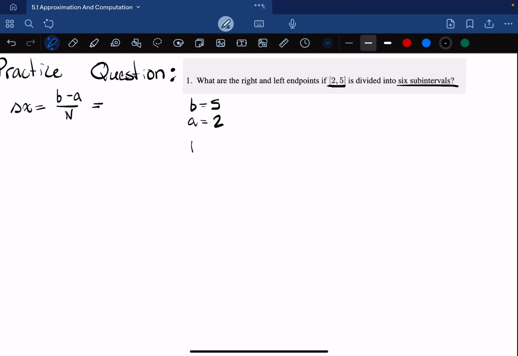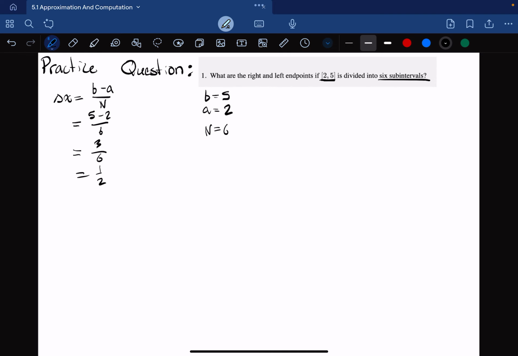And then we know that our n is equal to 6 because it's split into 6 subintervals. So all we do is sub in our values: 5 minus 2 over 6. 5 minus 2 is 3 over 6, which is equal to 1 half. So delta x in this case is equal to 1 half.